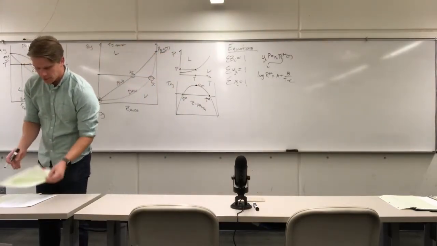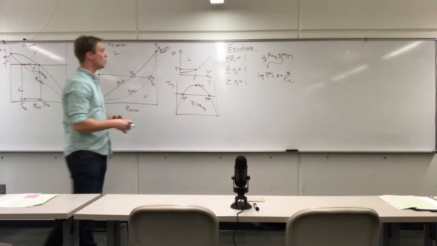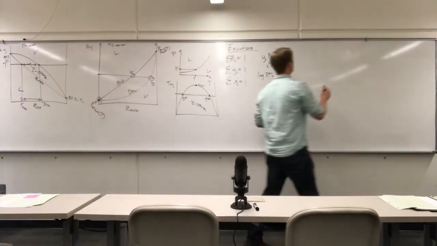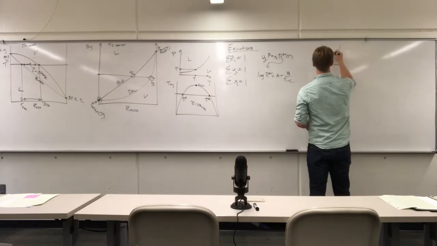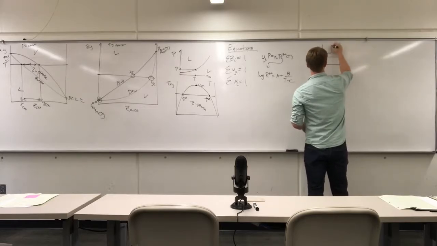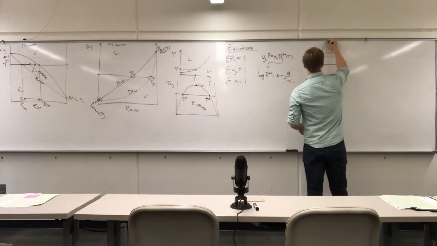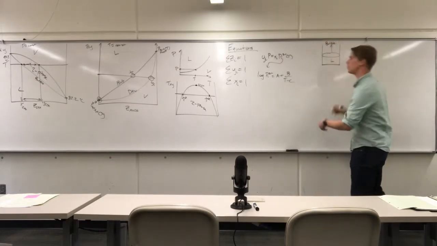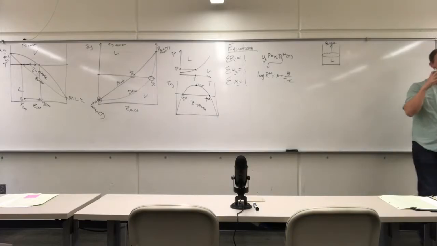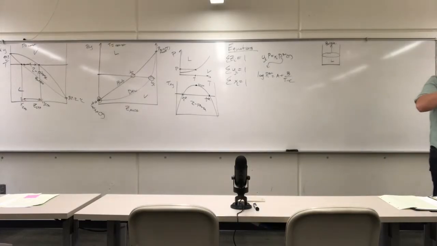Okay, so first let's define what the bubble and the dew point are. In a piston cylinder device, in the bubble point, we have an all-liquid system, and we are slowly depressurizing it, or slowly heating it.